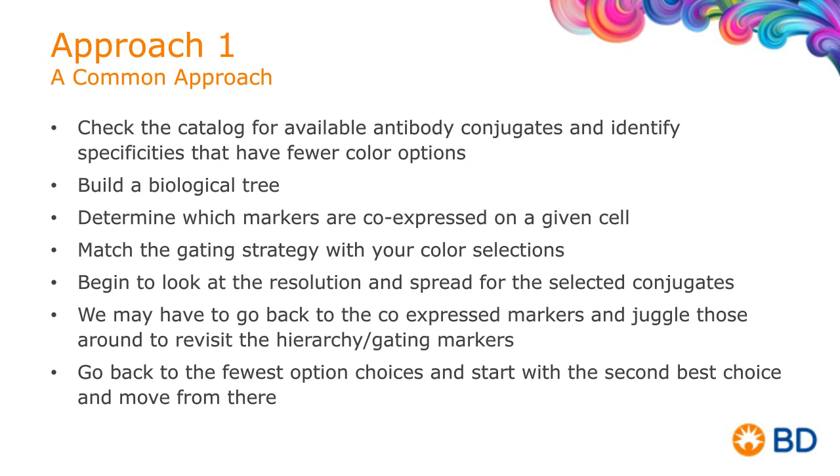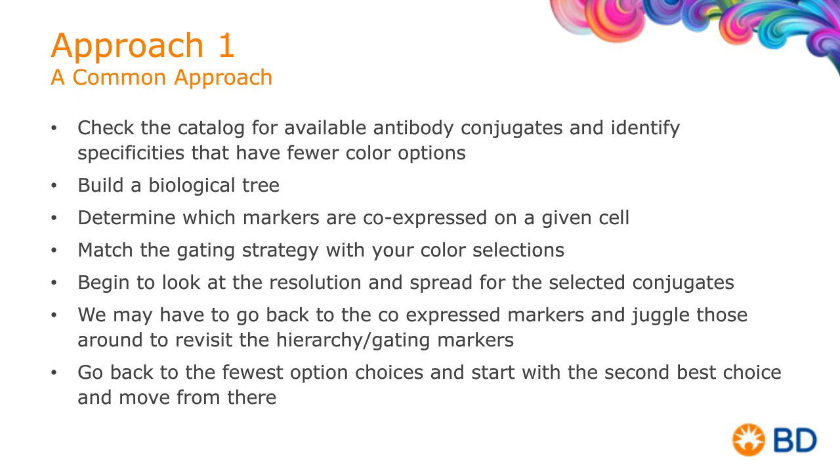So he juggles them around. He has to buy other reagents. He starts to rebuild the panel, and what's happened here is sometimes we have to purchase more reagents than we might need to, but there's a lot of what-ifs in this panel design.